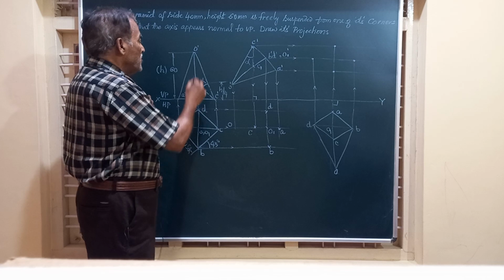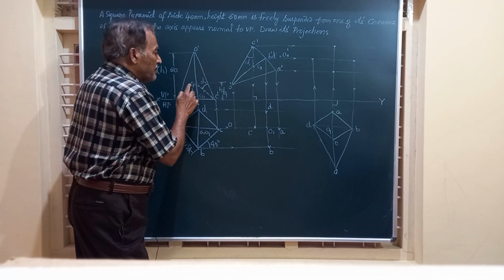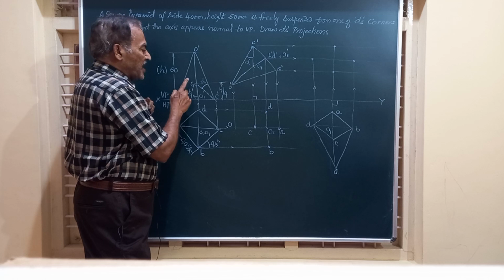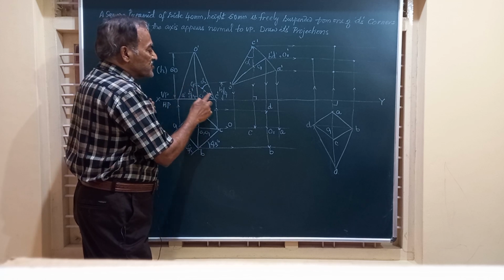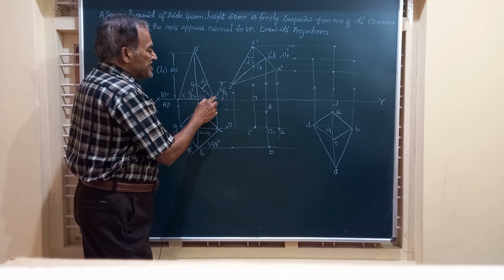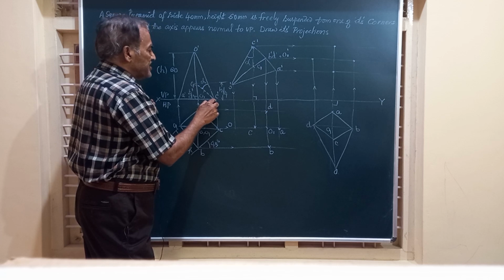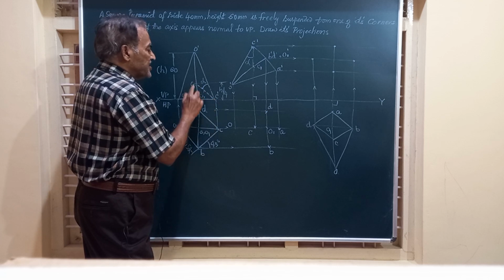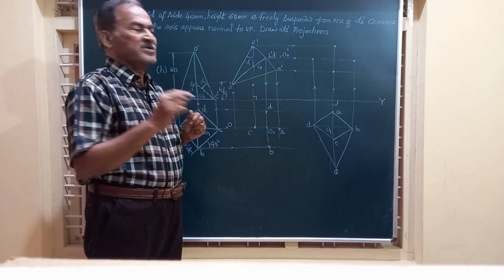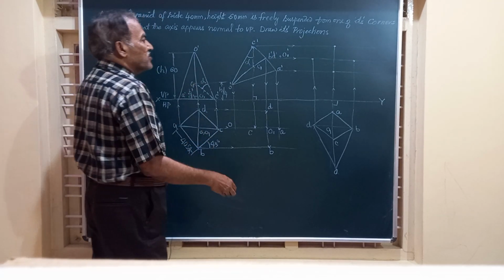So I locate the center of gravity in the front view, mark it as G, and then join that G to C dash. So this G and C dash represents the line joining one of the corners of the base of the solid with the center of gravity, which is at a height of 15 millimeter in this problem. So this is the height we have got.